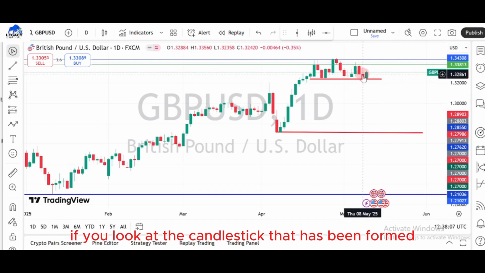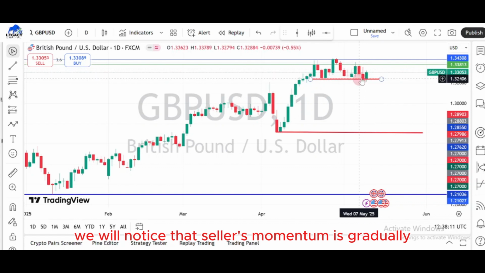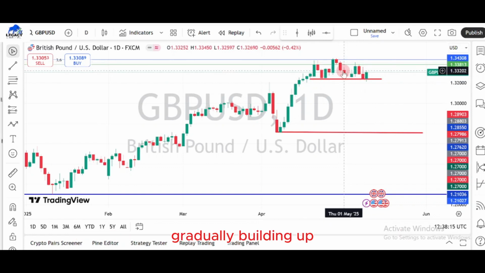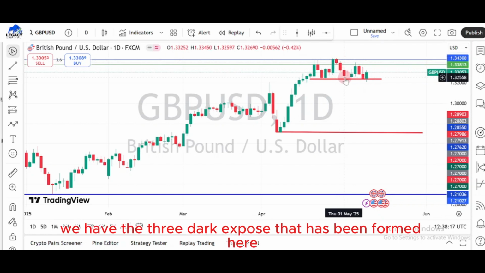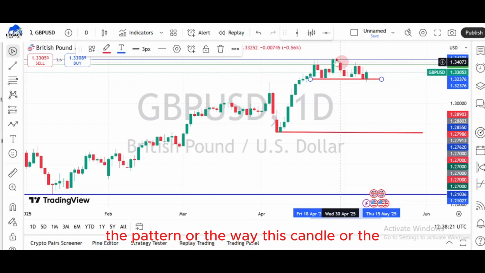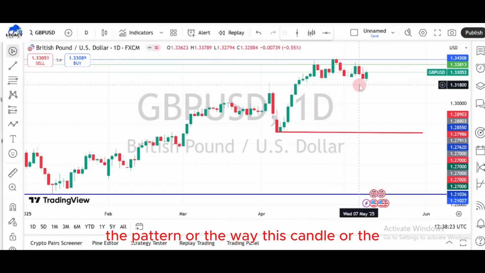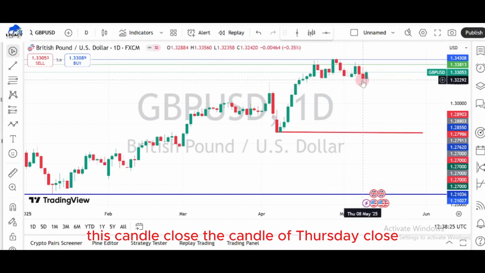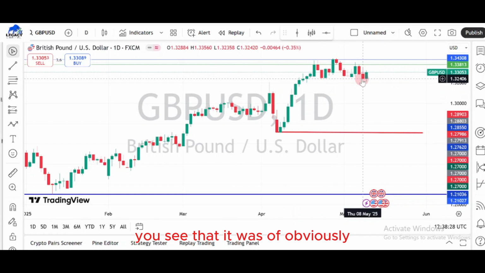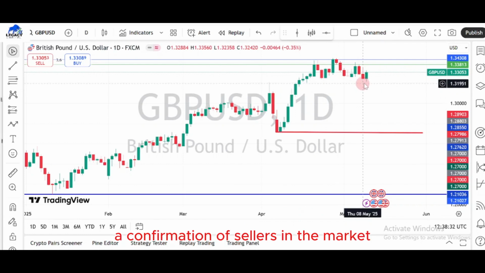And of course, if you look at the candles that have been formed, we will notice that seller's momentum is gradually building up. We have the three dark candles that have been formed here. If you look at the way the candle of Thursday closed, it was obviously a confirmation of sellers in the market.